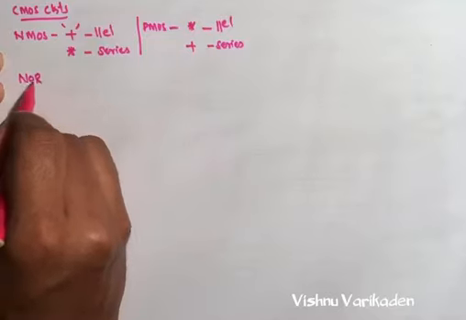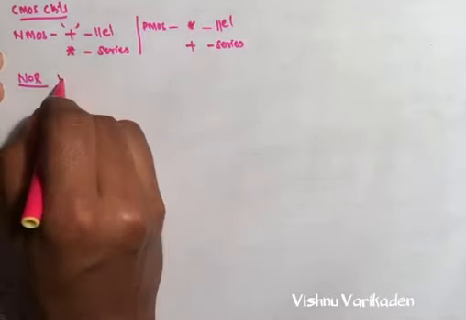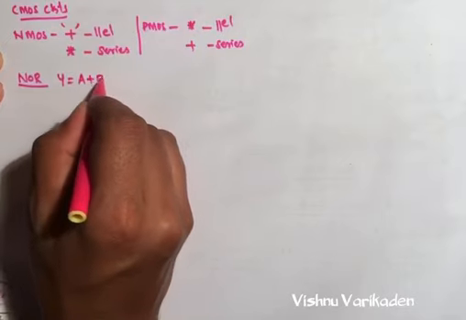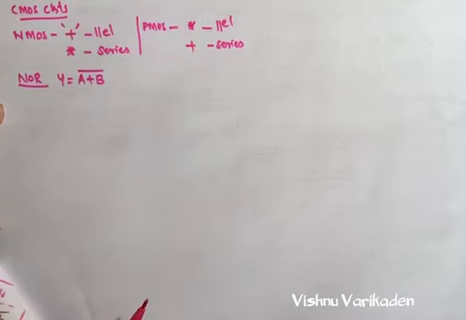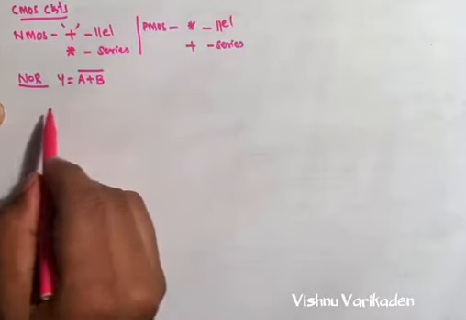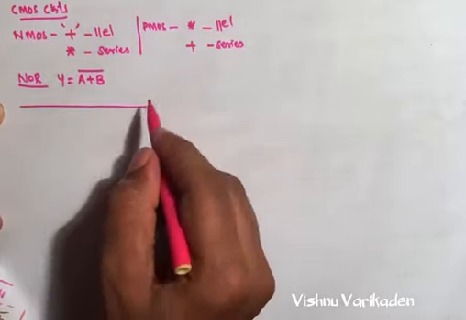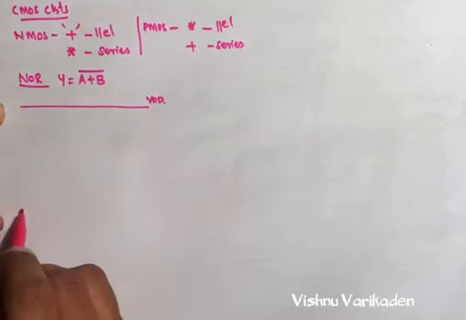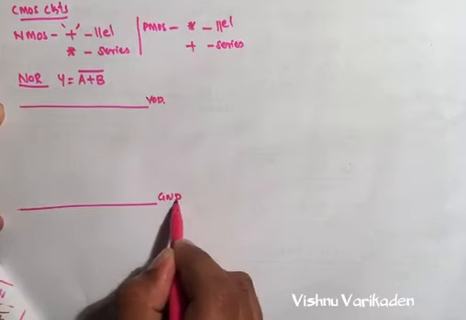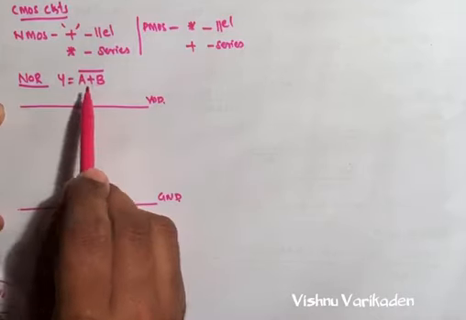So now we can make the NOR gate. The equation becomes Y is equal to (A plus B) the whole bar. So in this case we can make the circuit. The first one is our VDD, this is our ground.